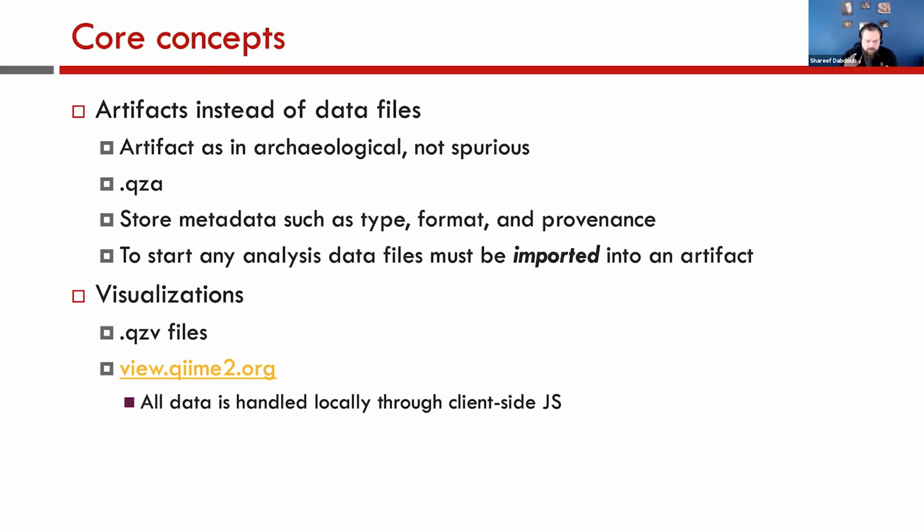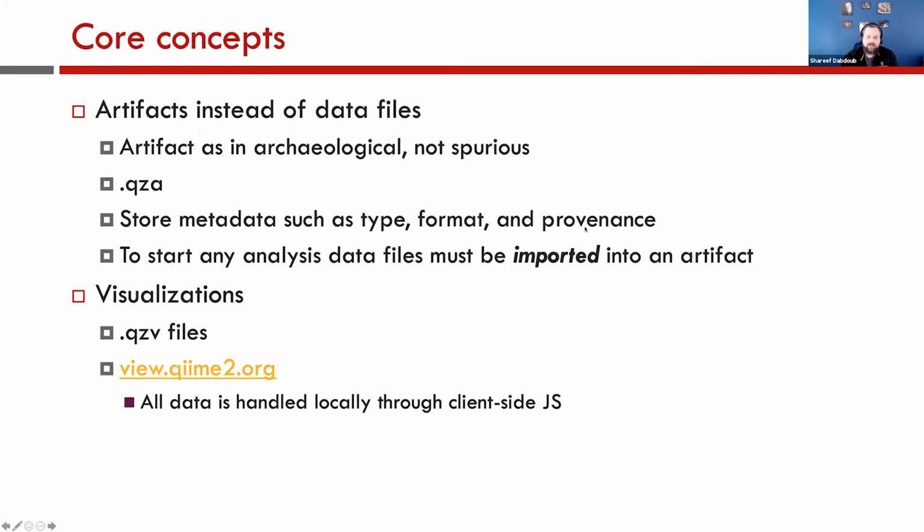The QZA files contain the actual data files as well as metadata. When you import, each artifact file is associated with a type, which prevents the wrong input. If you try to input the wrong type of file into a certain analysis step, it'll yell at you, but in a useful way, saying, hey, you gave me this type of file when I really need this type of file.